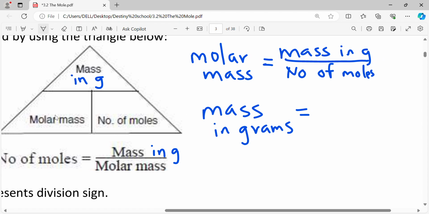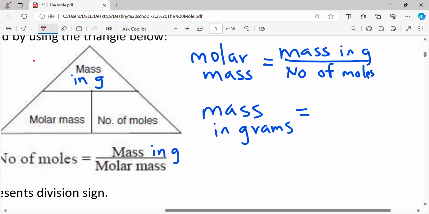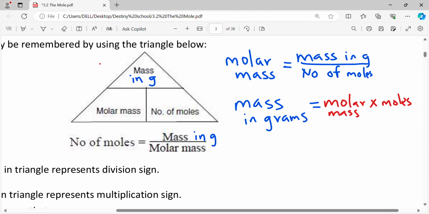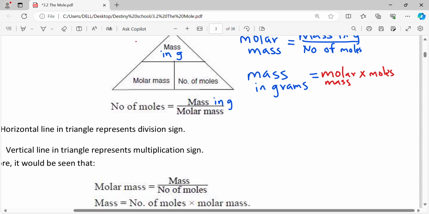They are side by side, and when they are side by side, you multiply. So that will be molar mass times moles. Those are the 3 formulas that you need to master.